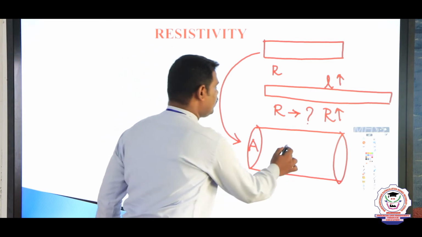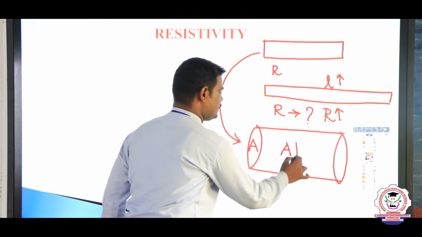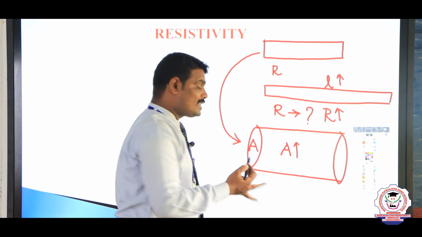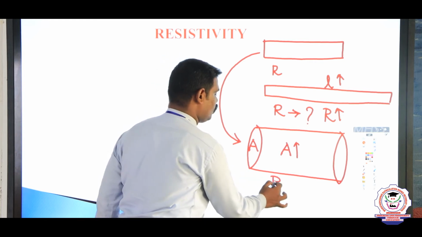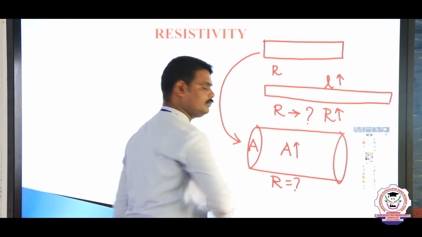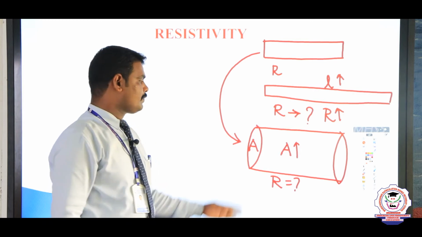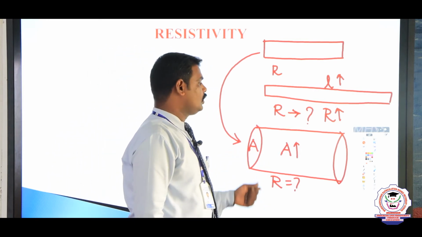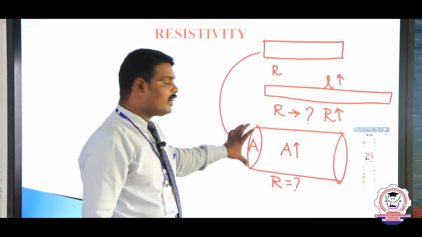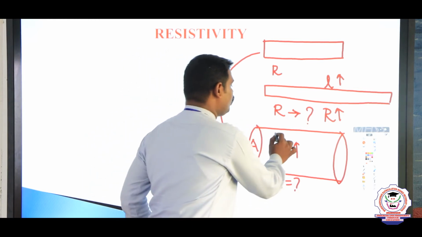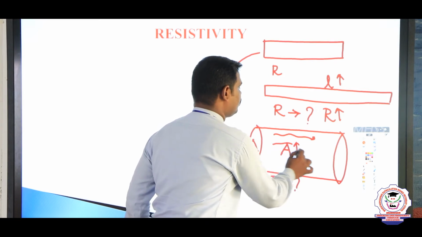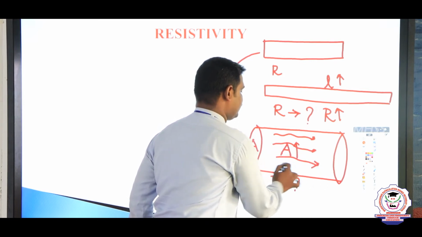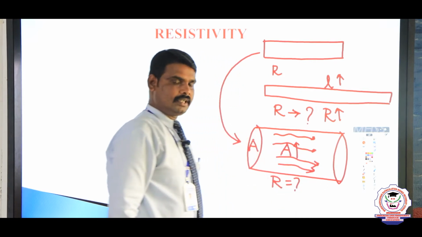If the area of cross section increases, what happens to the resistance? Yes, the resistance will decrease, right? Why? Because if the area increases, the flow of current increases.